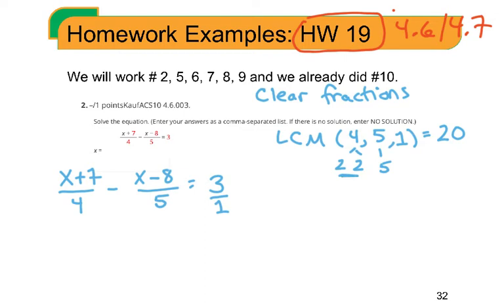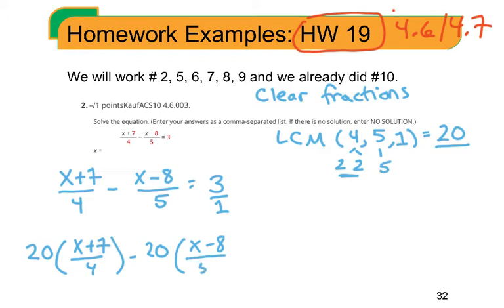So what do we do? We multiply both sides by 20. And so I'm going to do that. And just be careful with your minus signs and parentheses.